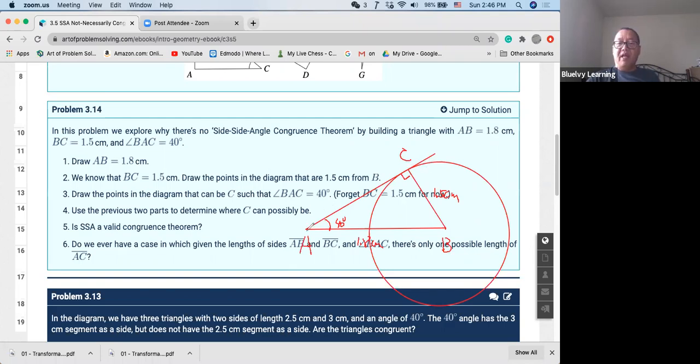That means line AC is tangent to circle B. If this is the case, for a right triangle, we can use the hypotenuse and leg lengths. This one is the hypotenuse, this one is a leg. L means leg. We can guarantee these two right triangles are congruent.